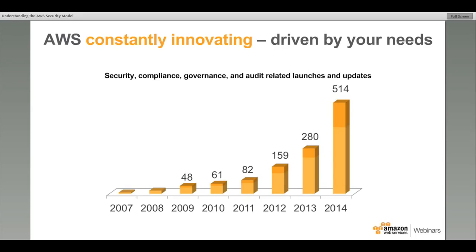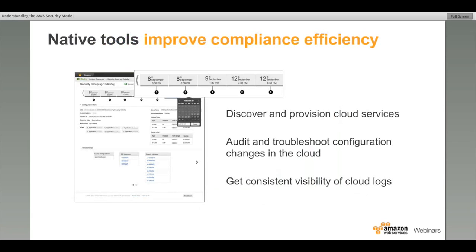So what you have in AWS is a constantly innovating, secure baseline that is constantly coming up with new features that you get to enjoy, and you can choose to incorporate into your own security controls. One example of that is actually our AWS CloudTrail service.